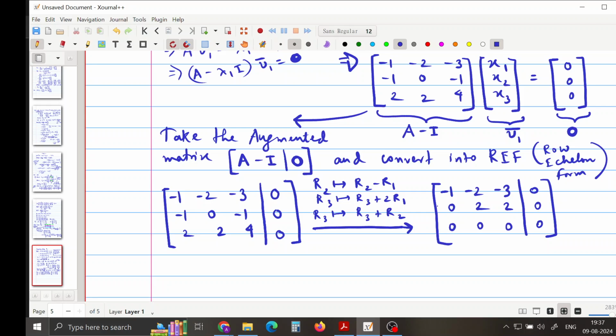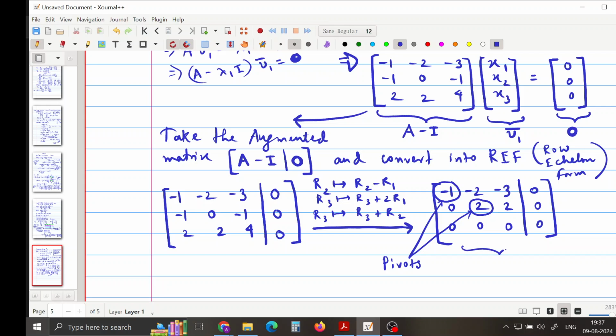So now your system of equations will be simplified further, and these entries, do you know what these are called? These are called pivots. Pivots are the first non-zero entry of a row in the row echelon form or the reduced row echelon form.